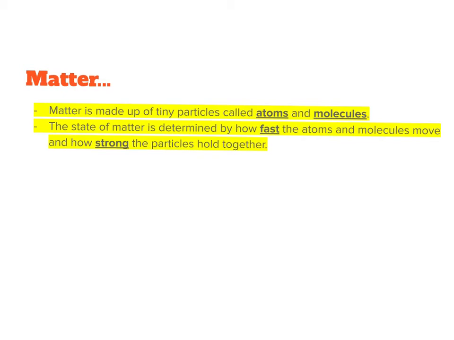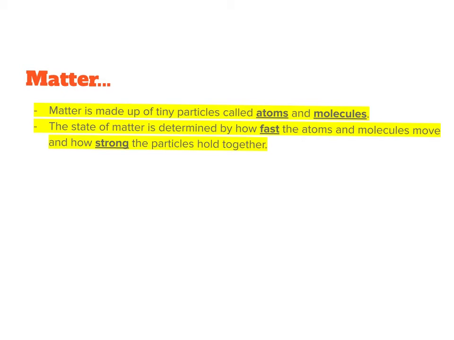All matter is made up of tiny particles called atoms and molecules. And we learned that last week when we were talking about atoms and molecules. So whether it's a chair that you're sitting in right now, or the pencil that you're writing with, it's made up of atoms and molecules. The state of matter is determined by how fast the atoms and molecules move and how strong the particles hold together.